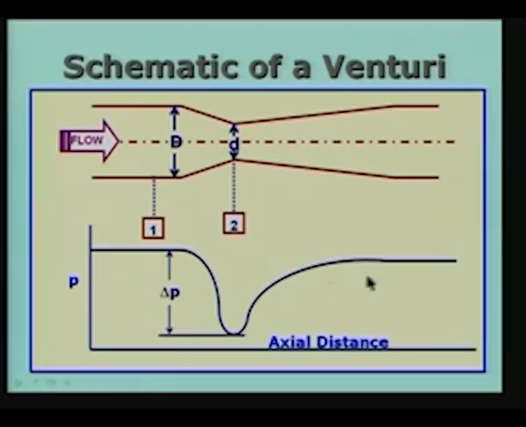Essentially any variable area device will have a pressure variation like this. To some extent pressure recovery will take place, but the pressure will always be lower than the pressure upstream of the flow measuring device, because of the so called irrecoverable pressure loss.